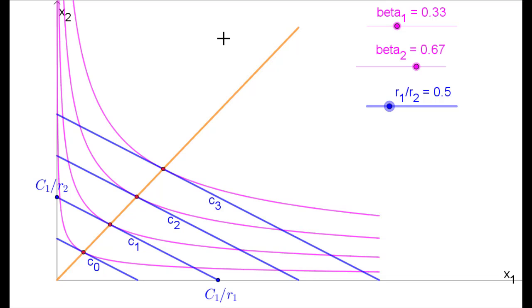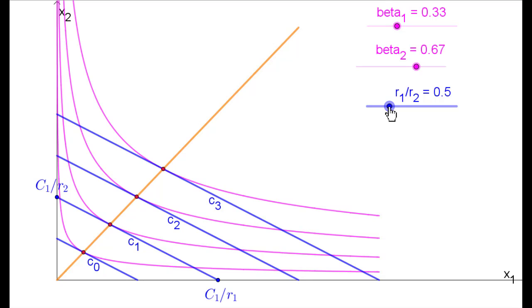That's just the property of homogeneous functions we have just explained. And also we know that if R1 over R2 doesn't change, then the slope of the isocost lines doesn't change. However, the expansion path does change if we change any of those parameters.